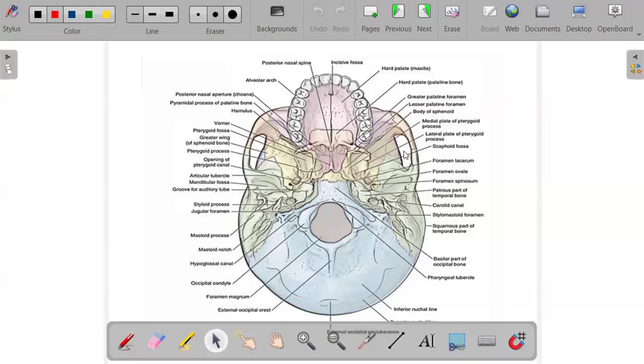What is striking about the newborn skull is that it's huge. The size of the newborn's head is huge relative to its small facial skeleton. So the facial skeleton is smaller compared to the cranial skeleton.